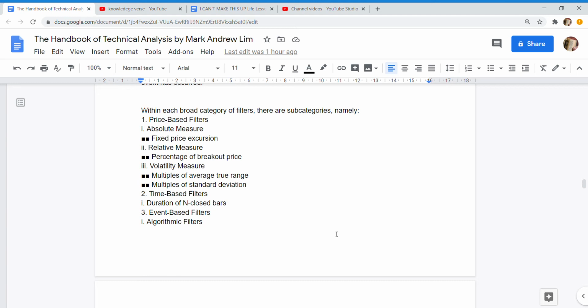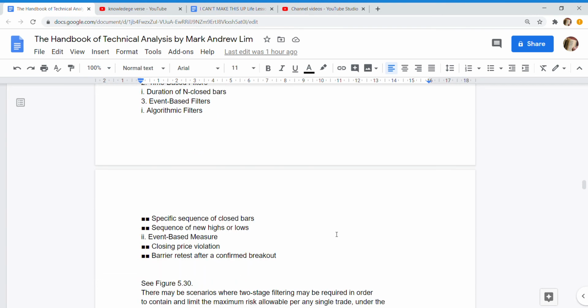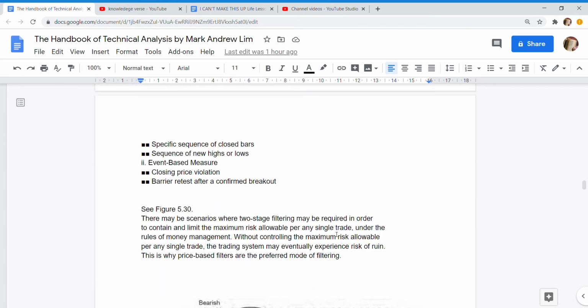I. Duration of enclosed bars. 3. Event-based filters. I. Algorithmic filters. Specific sequence of closed bars. Sequence of new highs or lows. II. Event-based measure. Closing price violation. Barrier retest after a confirmed breakout. See Figure 5.30.